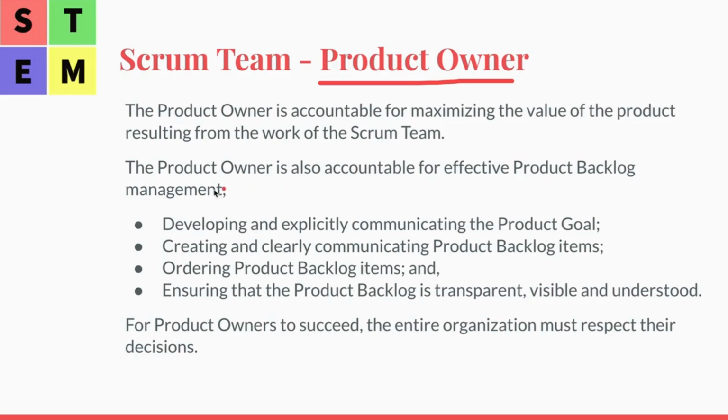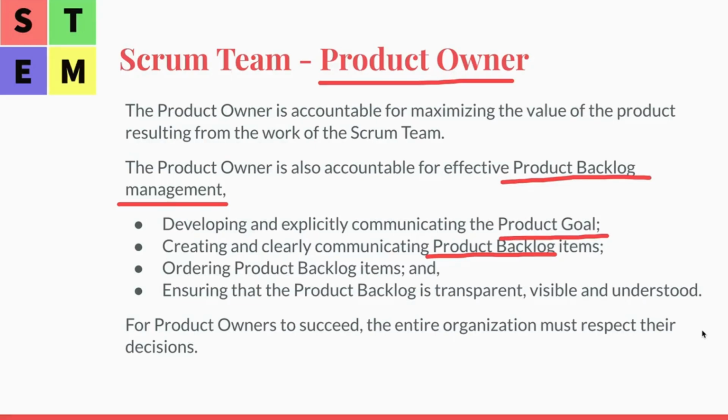The product owner is also accountable for effective product backlog management: developing and explicitly communicating the product goal, creating and clearly communicating product backlog items, ordering product backlog items, and ensuring the product backlog is transparent, visible, and understood. So you can see that a lot of the product owner's work is focused on the product backlog.